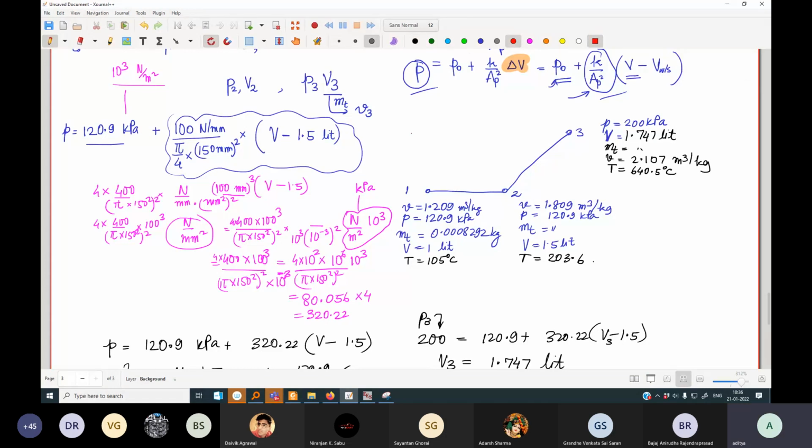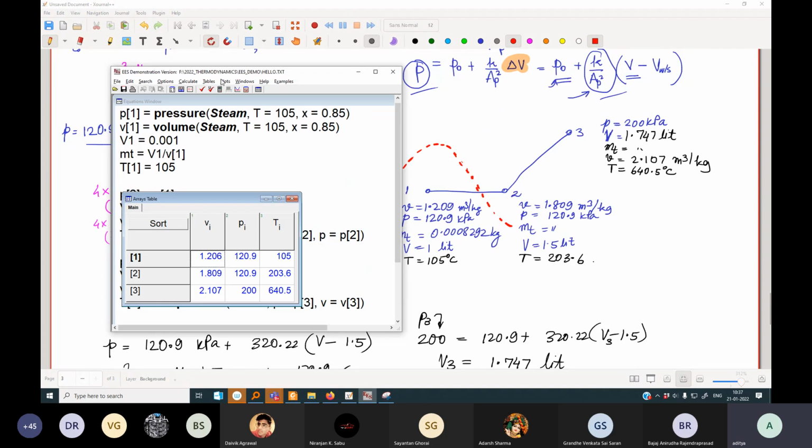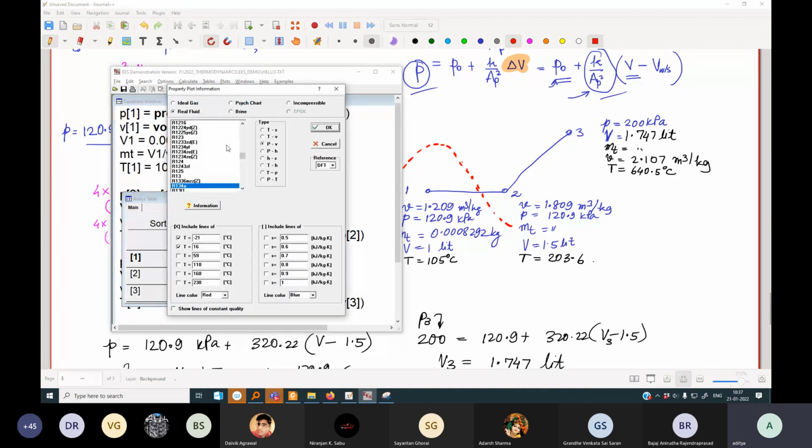In reality, this is the vapor dome, the saturated dome, and this is how the process will look. You don't need to take my word. Let's go and plot. Property plot. We'll go to steam, to the PV diagram.